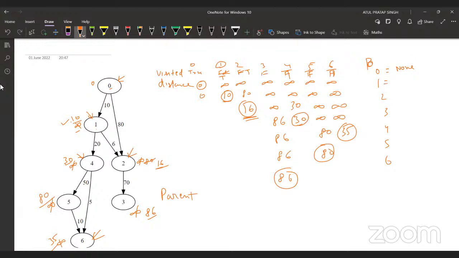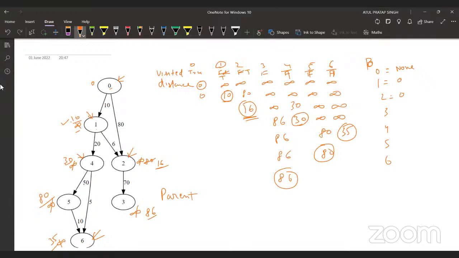For 1, we updated its distance from 0, so the parent of 1 is 0. Same for 2: initially in the first step we get the value 80 from 0, so the parent of 2 is 0.